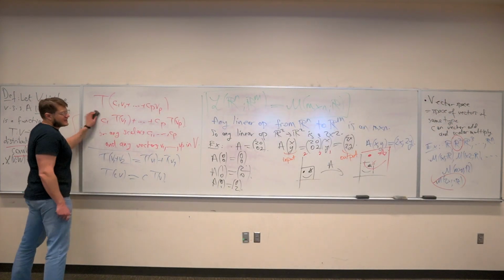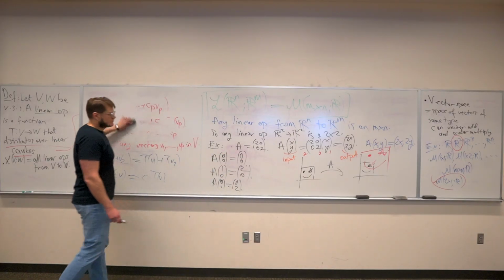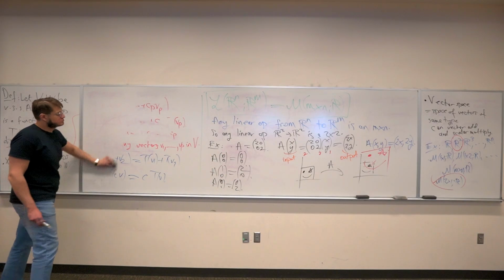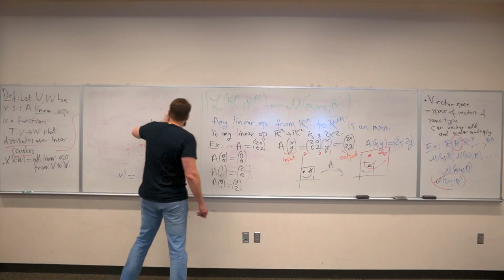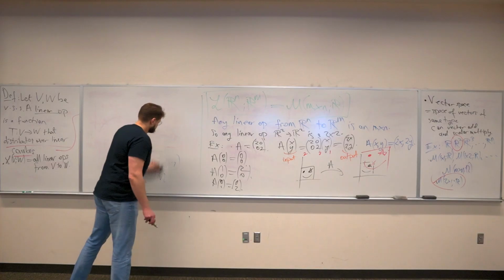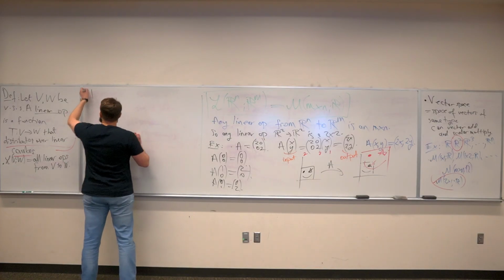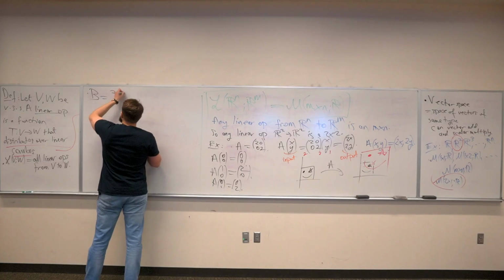But now, let's say I'm changing this guy, the second diagonal entry, into 1 over 2. That's the next example. Let's say B, 2, 0, 0, 1 over 2.